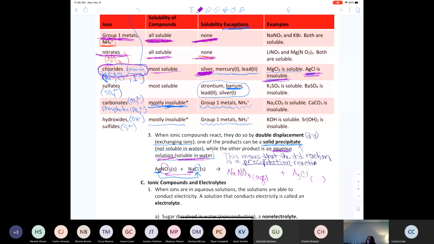AgCl is not soluble, so it will be a solid precipitate. So that's how you take a look at two ionic compounds reacting together, do the exchange of ions, write your two products, and then consult the solubility rule table to see if one of those products is a solid precipitate.